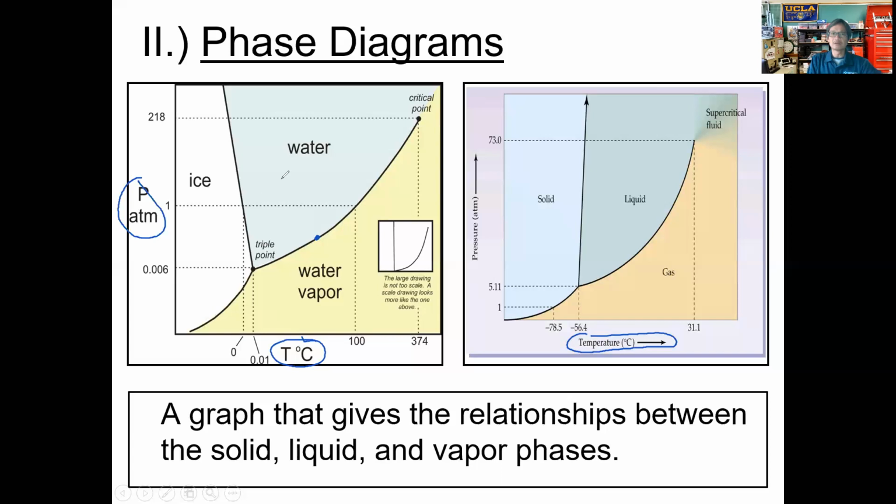This first line right here separates out the solid state from the gaseous state. This is the more generic graph, and I'll get to that in just a moment. This line right here separates out the solid from the liquid state. And finally, this line represents the division between the liquid and the gas state.